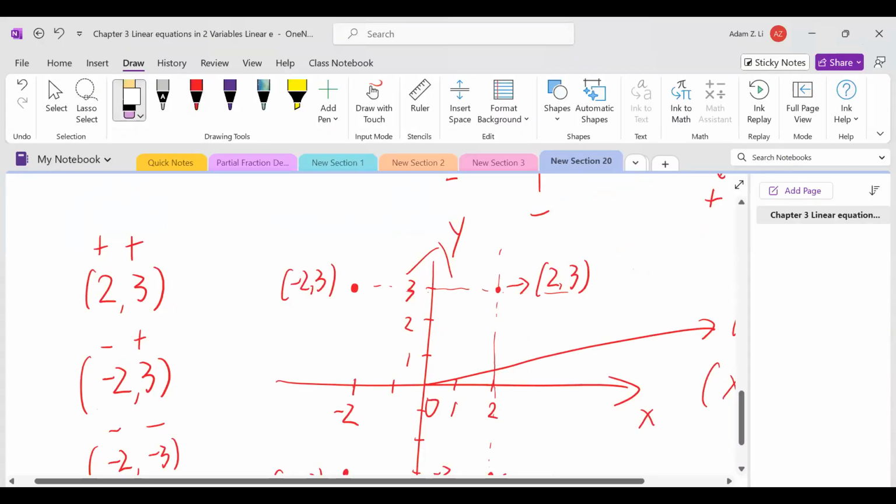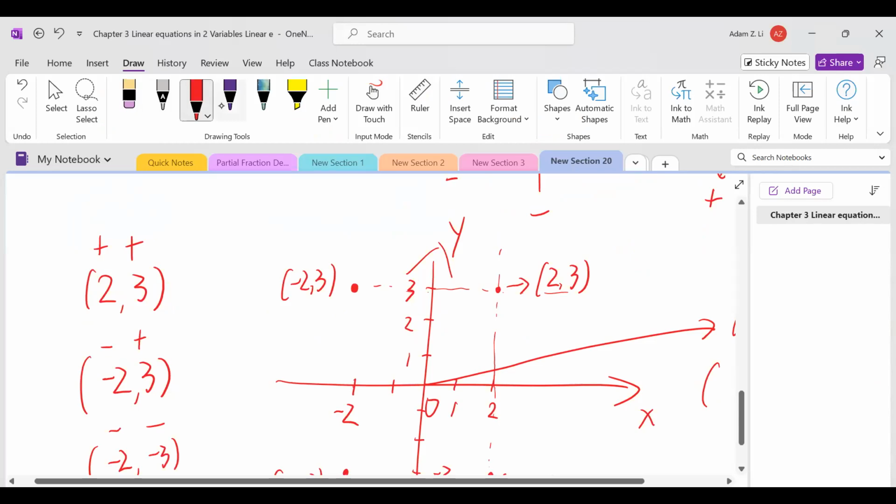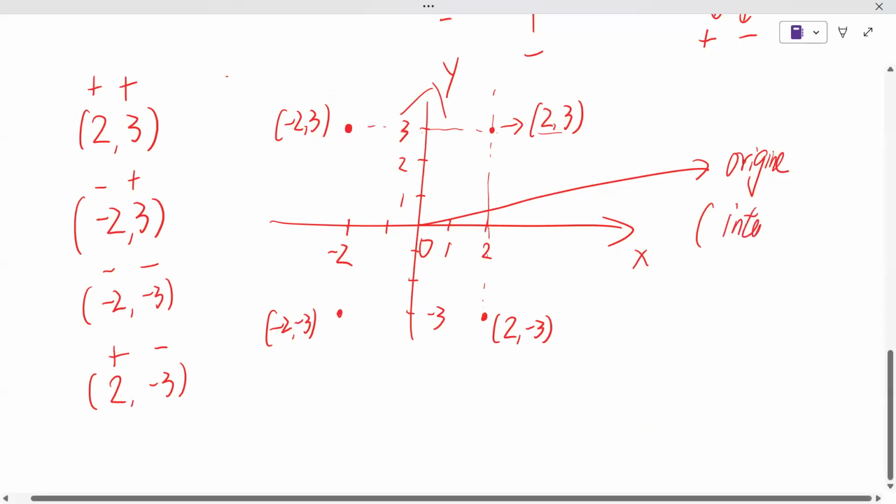And the coordinate of the origin will be (0, 0). Both x and y are zeros.